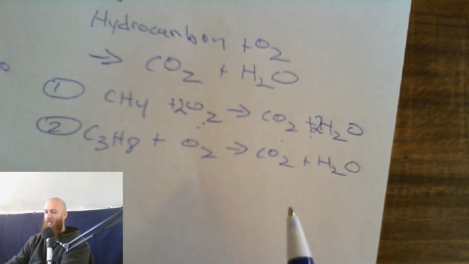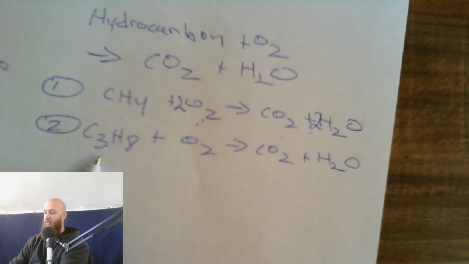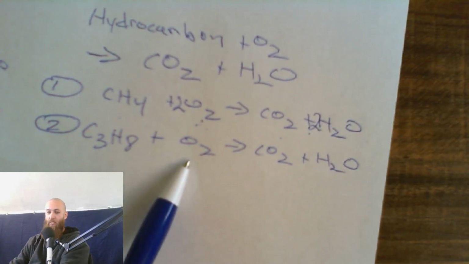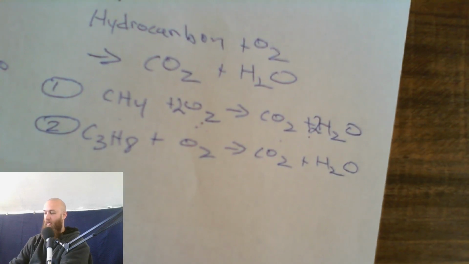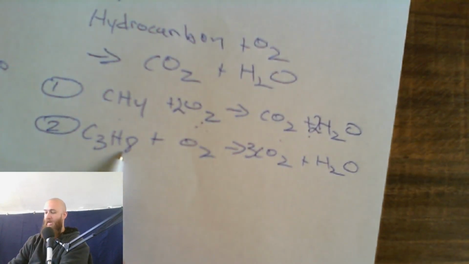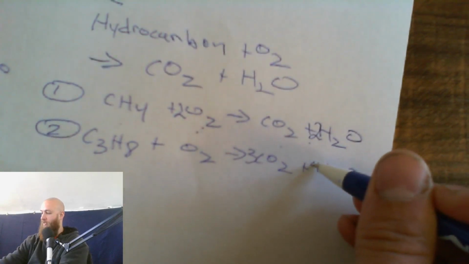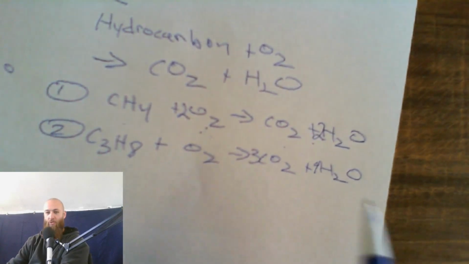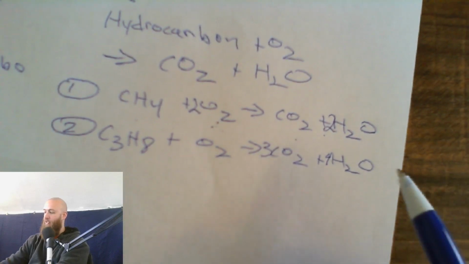This one might take a bit more effort because of this carbon here. So I'm going to do oxygen last, just like I did before. I got 3 carbons. Let's put a 3 there. I got 8 hydrogens, so let's put a 4 here. Carbons and hydrogens are balanced. Let's check our oxygens.